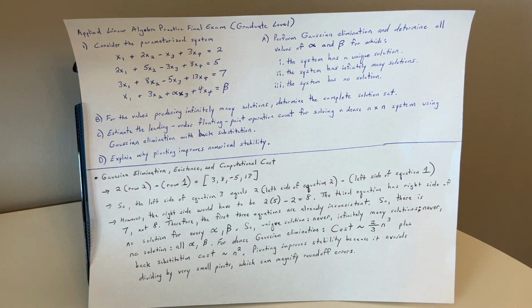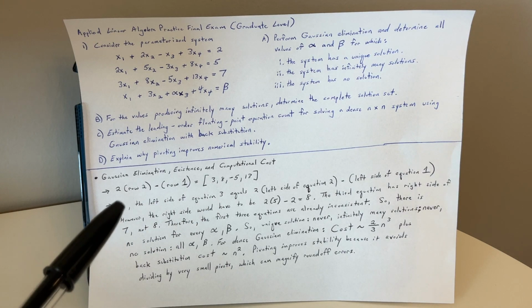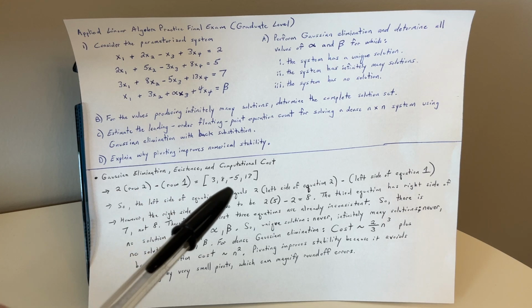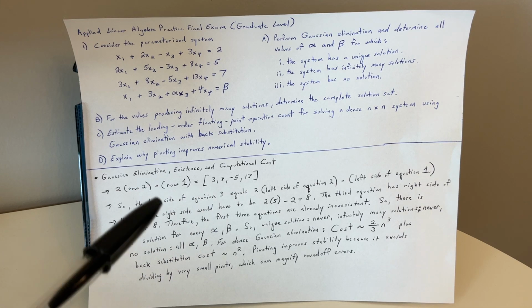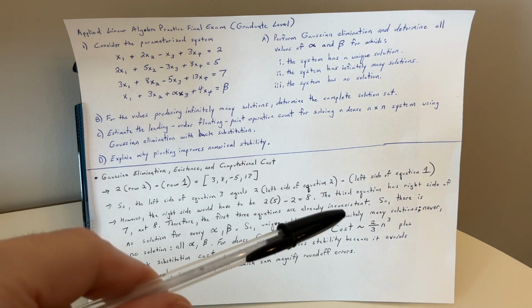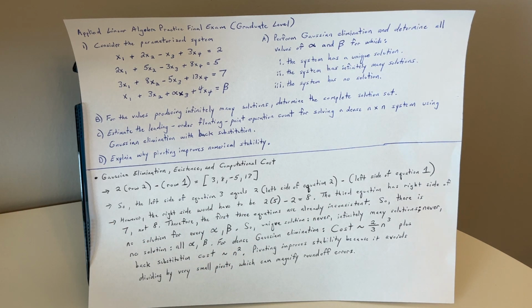So going through this quickly, if we perform the following operations, we wind up getting 3, 8, negative 5, 13. So the left side of equation 3 equals twice the left side of equation 2 minus the left side of equation 1. However, the right side would have to be 2 times 5 minus 2 equals 8. The third equation has a right side of 7, not 8.